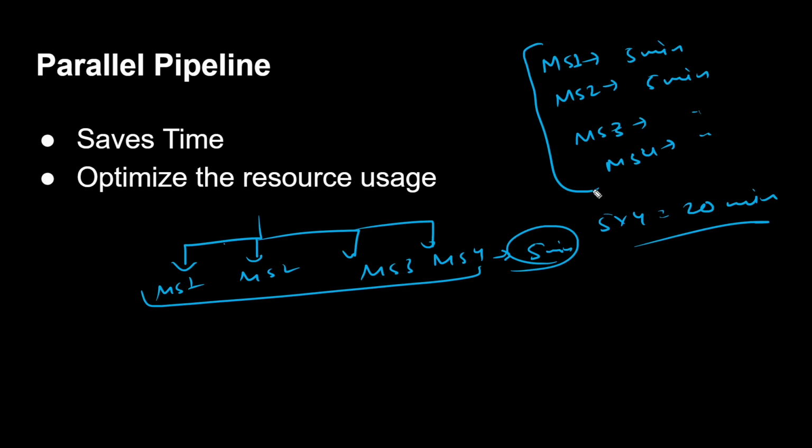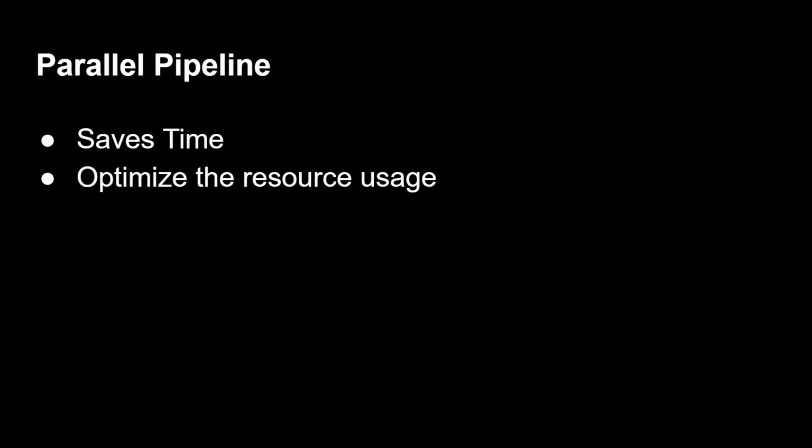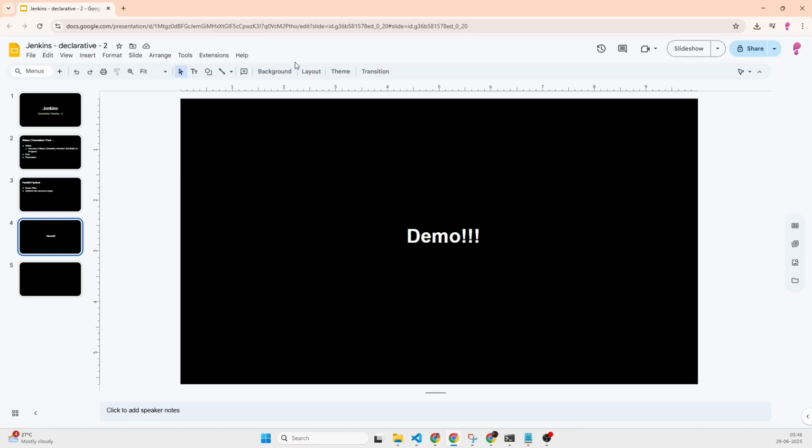And this saves time. It also optimizes the resource usage, because it frees up resources for other pipelines and other teams working with your Jenkins server. It's not a long-running pipeline anymore. So this is what helps you with parallel pipelining. I will be talking about parallel pipelining as well. So without wasting time, let's go ahead and look at a demo.